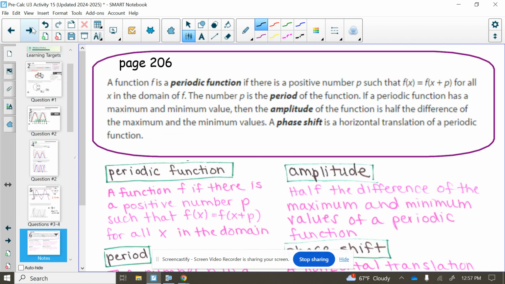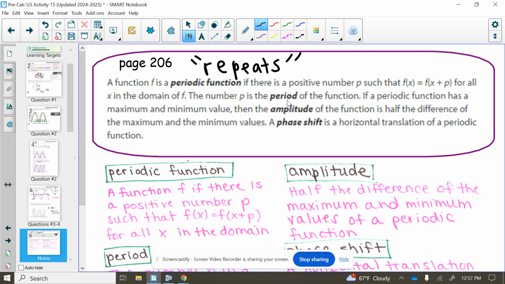Now what this leads us to, if we finally get to page 206, is the idea that we have this periodic function, aka a function that repeats itself. Right? That's another way of thinking about periodic, it's repeating, and it repeats itself the amount of the period for the function.